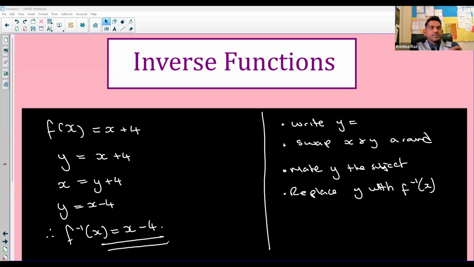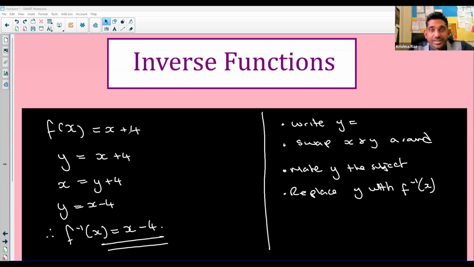If you think about it, if I do a journey from home to work, the reverse journey from work back to home is my inverse. So once I get to my destination, I turn around. All of my left turns have become right, all my right turns have become left, and my directions have reversed.